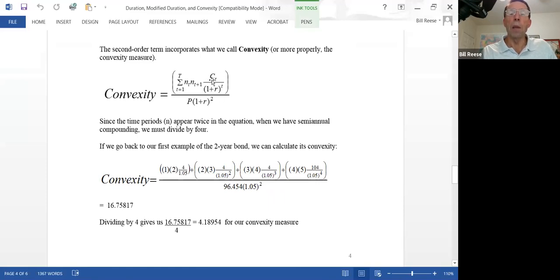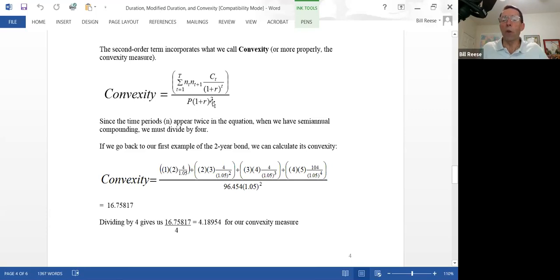But they're going to each be multiplied by the time period in which they occur, multiplied by the next time period. So in other words, if they occur in time period 1, we're going to get time period 1 multiplied by time period 2 times the present value of the cash flows in time 1, and so forth with that. And then instead of dividing by the price, we're dividing by the price times 1 plus R, where R is the semi-annual yield, squared.